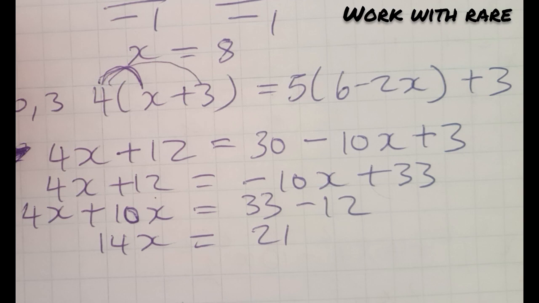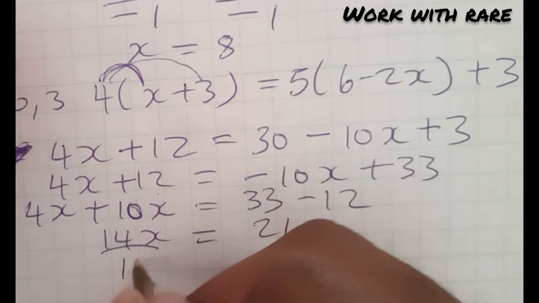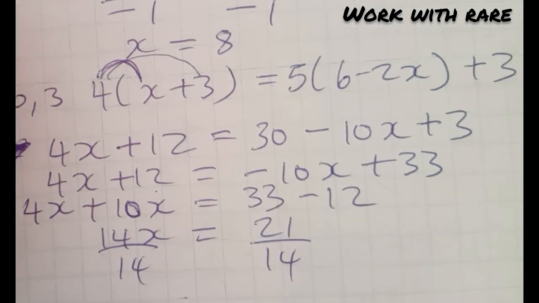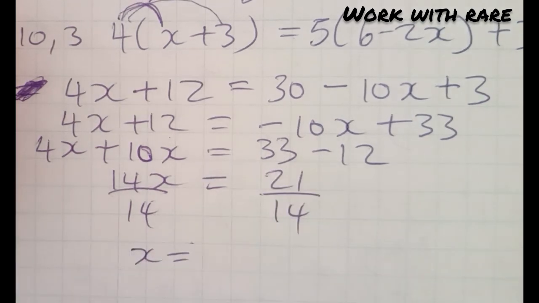Okay, so after we got our answer, which is 21, now we'll have to divide both sides by 14. So when you divide both sides by 14, on the left hand side, I'll remain with x. So here I have x is equals, so 21 divided by 14 is how much?